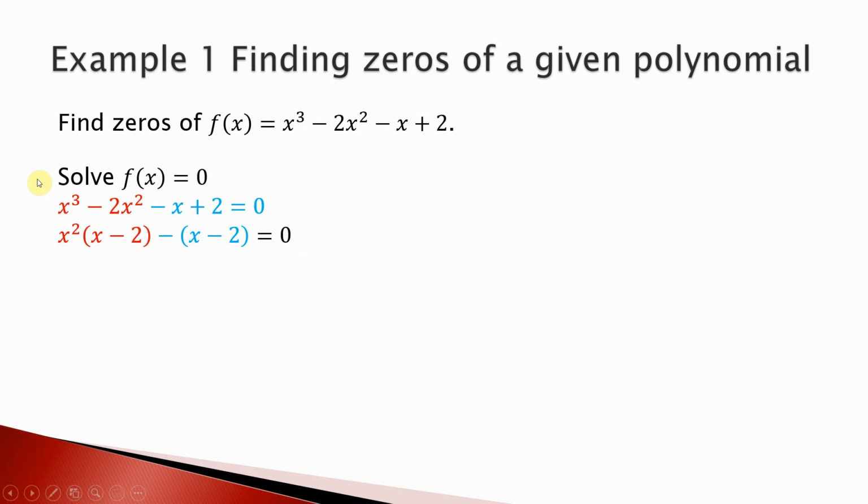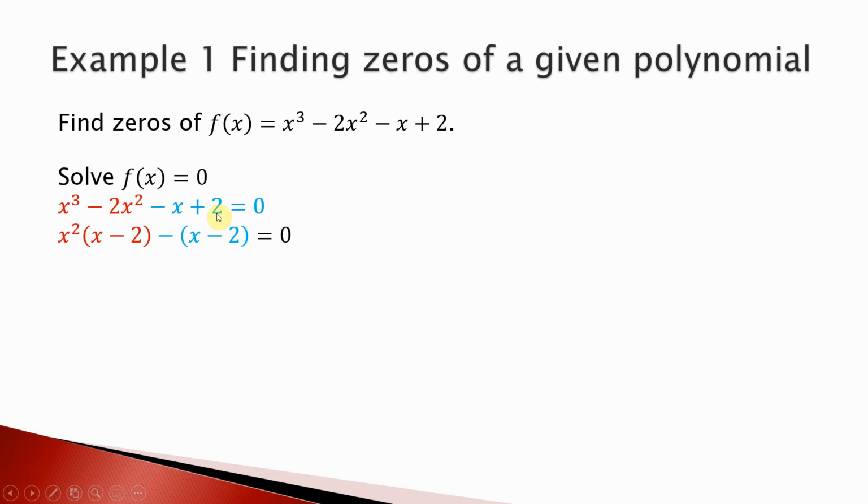Take out x squared from these two terms. You take out x squared, you are left with x. When you take out x squared, you are left with negative 2. When you take out negative 1, you are left with x. So you divide negative x by negative 1, then you get x.